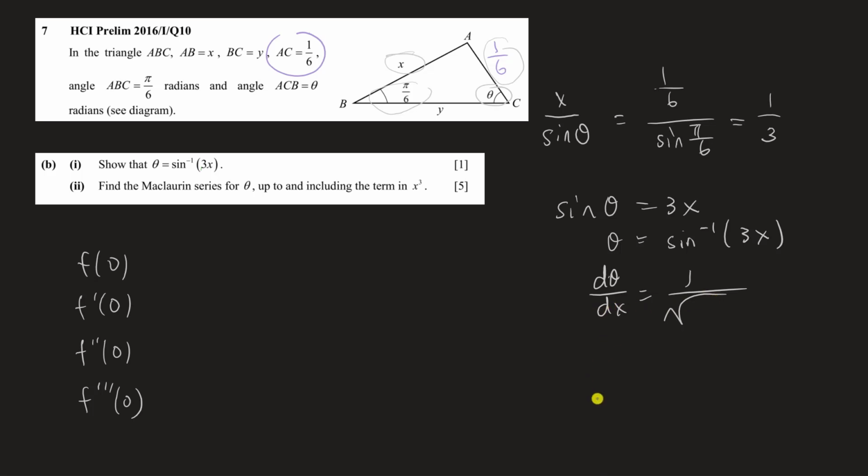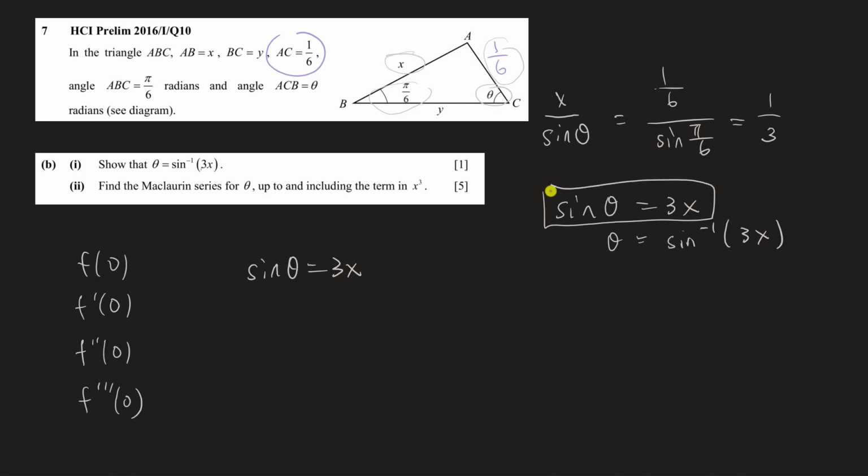And then further differentiation will create a huge mess. So we do not do that. What we do, the technical way, would be to apply sine inverse to this side. So we will give us sine theta equals to 3x, which is in fact the step before what they want you to show. From here, it's easier to do implicit differentiation.